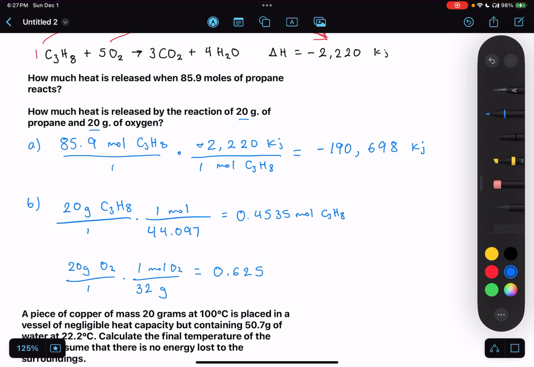Of what it's supposed to be. So here, using oxygen and propane, we're supposed to have 5 moles of oxygen for every 1 mole of propane, C3H8. That's a 3, don't worry too much about that.